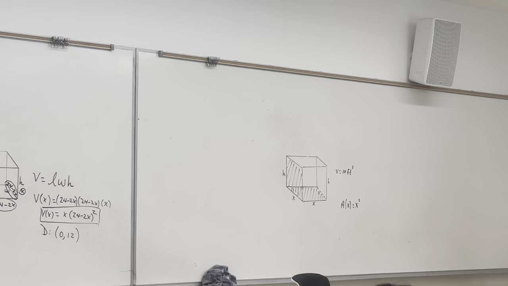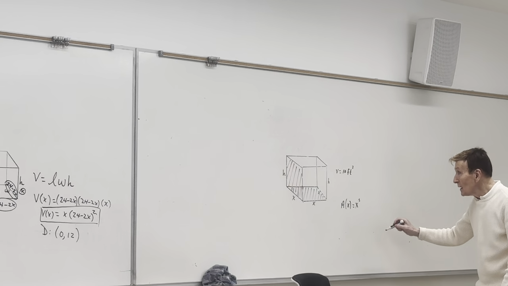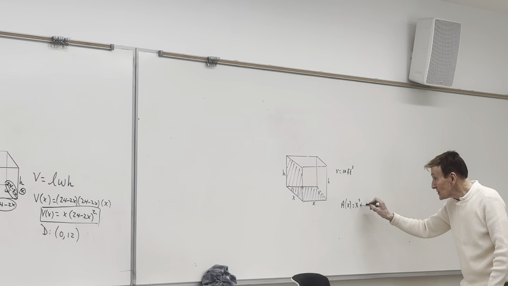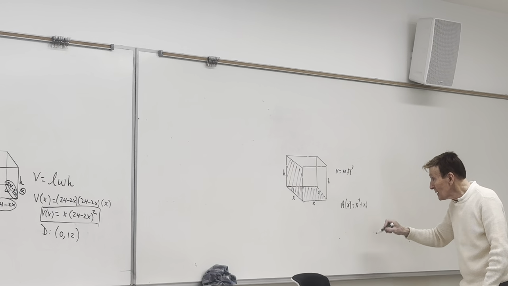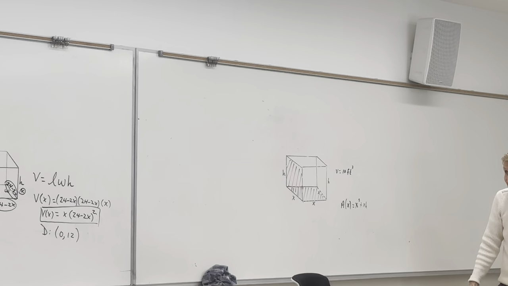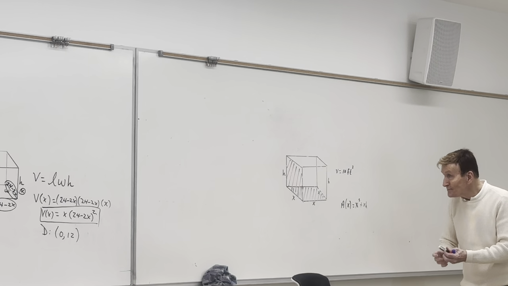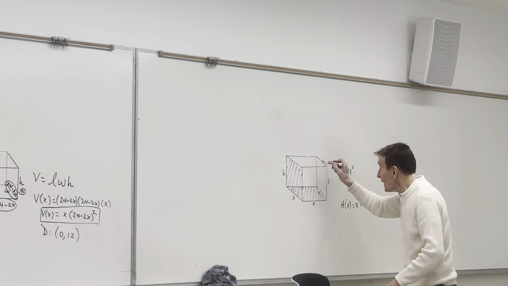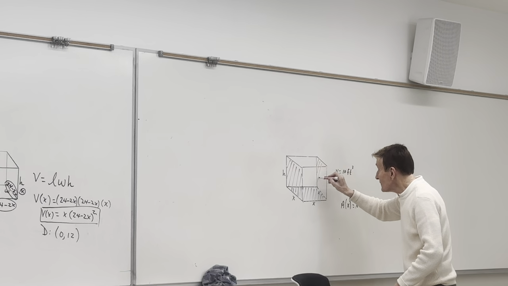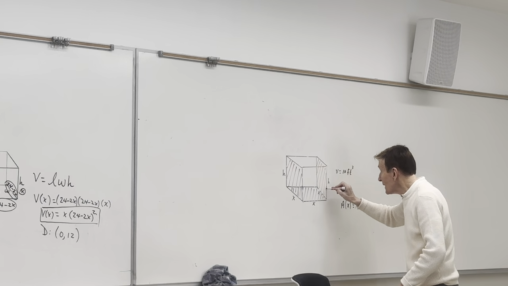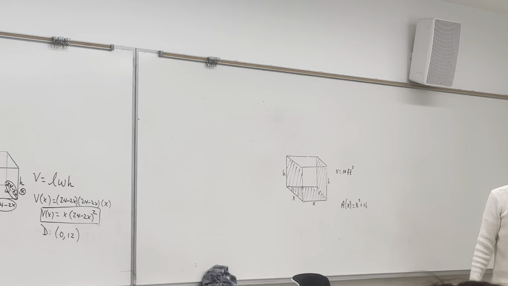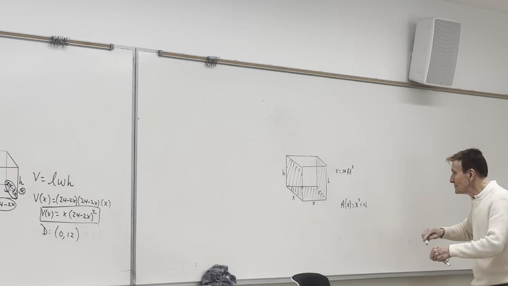Okay, so length times width, x times h. In this case, x times h will give me the area, length times width. Straight across, with this side of the box, would that be another xh? Okay, so there's another xh there.